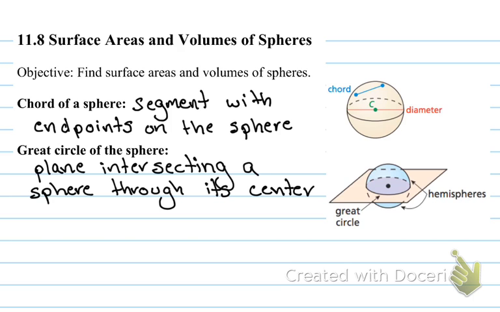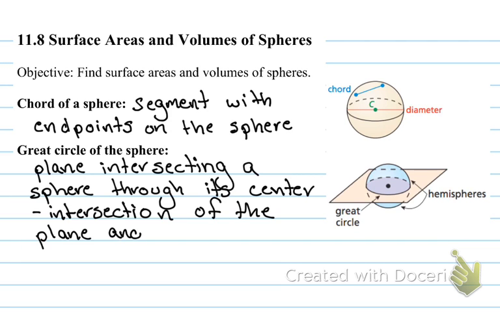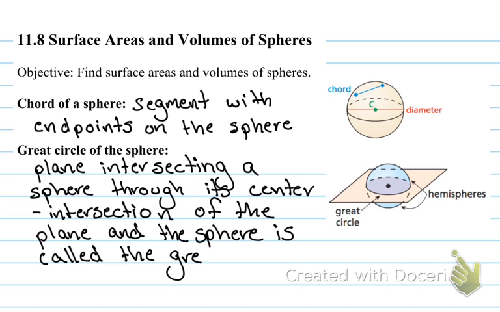A plane intersecting a sphere through its center, the intersection of the plane and the sphere, is called the great circle of the sphere.